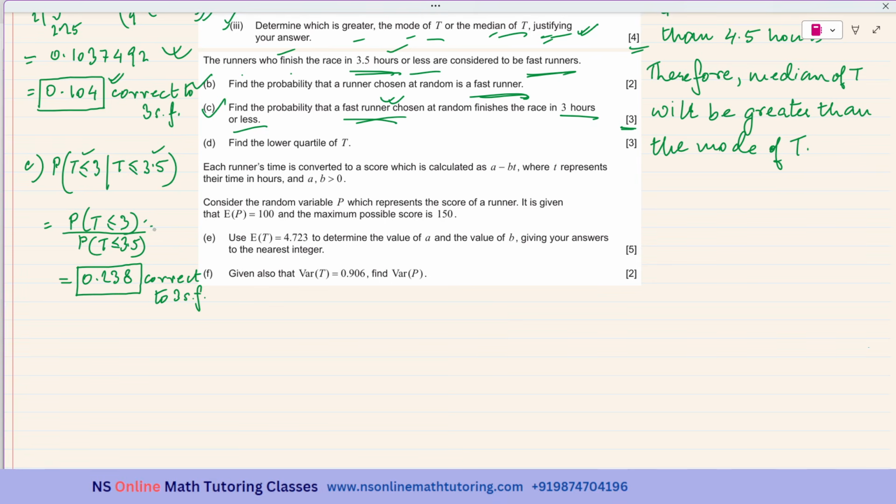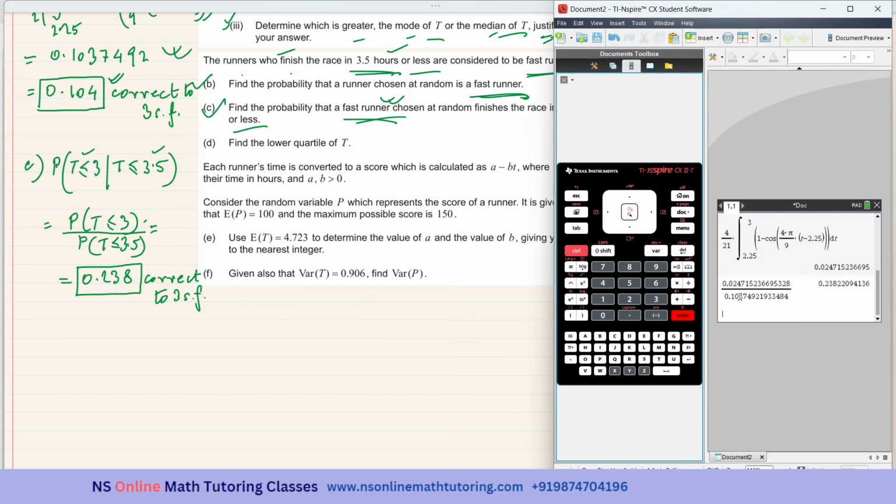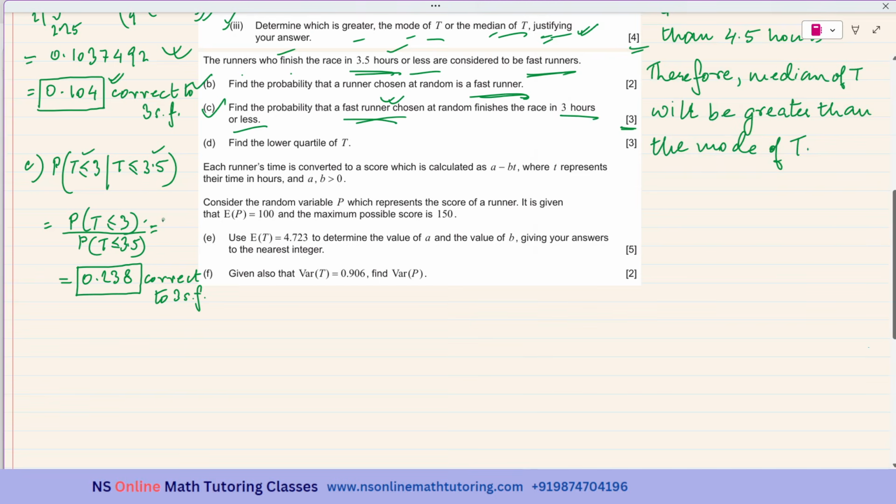So if you want, you can give the value of P of t less than or equal to 3, which was 0.024715, divided by 0.1037492. So this is equal to 0.238 correct to three significant figures.